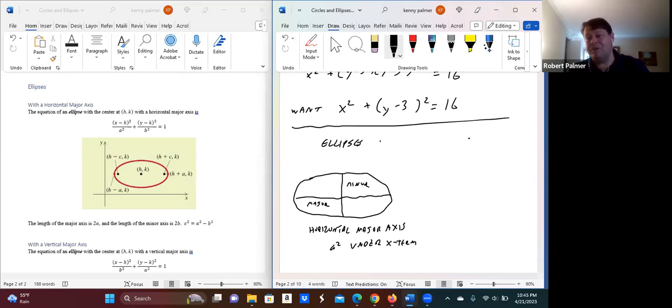But if it looks like this, well, this time our major axis is this one. The minor axis runs horizontally, and this is a vertical major axis.